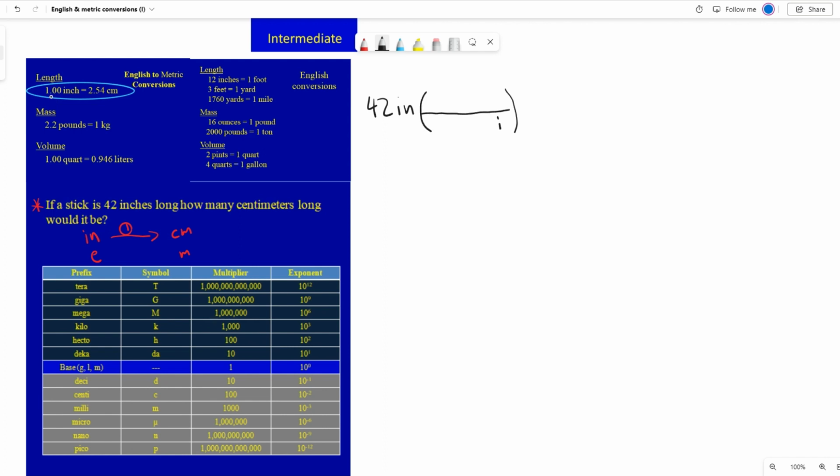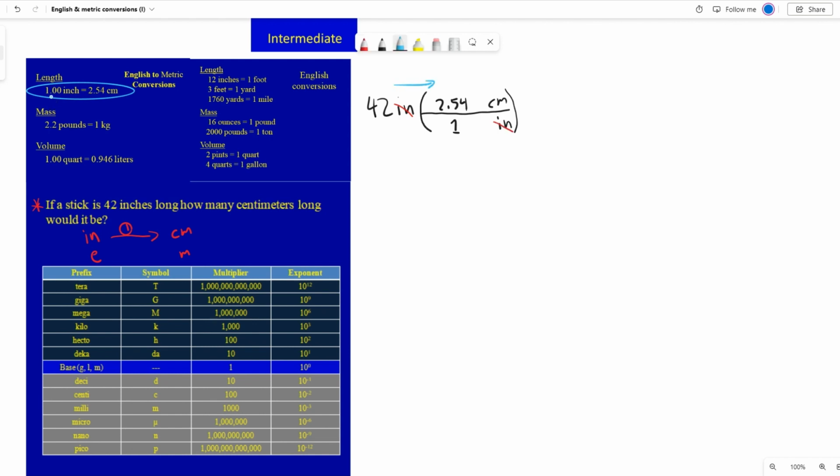Put inches on the bottom because that's what we want to have cancel out, and put centimeters on the top because that's what we want to get to. And we see that for every 1 inch, there are 2.54 centimeters. So now the problem is set up so that inches and inches will cancel out.